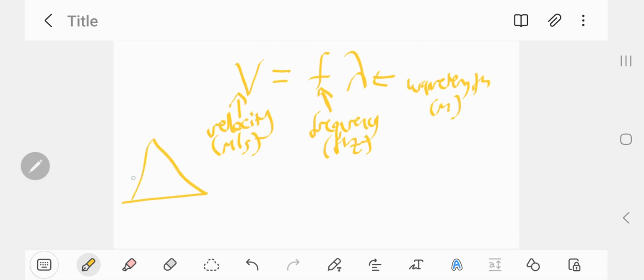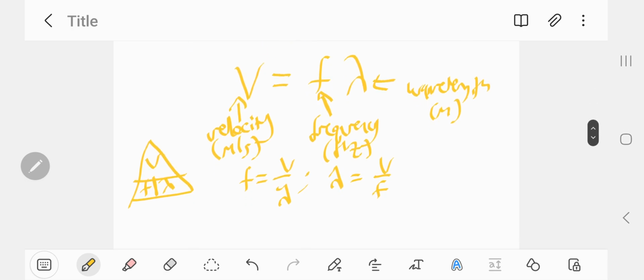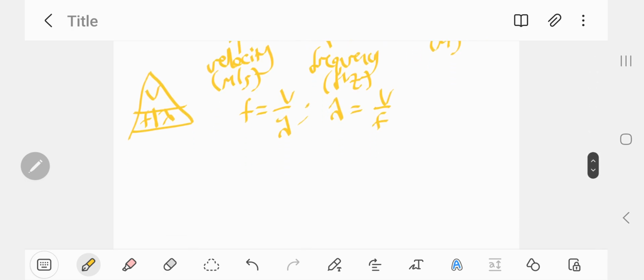You can use a triangle as well if you have trouble manipulating this. So f is just v divided by lambda, and lambda is just v divided by f. So it's a very simple relationship.